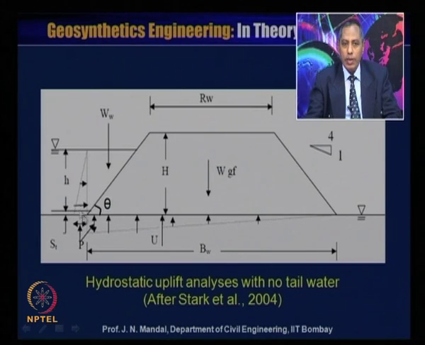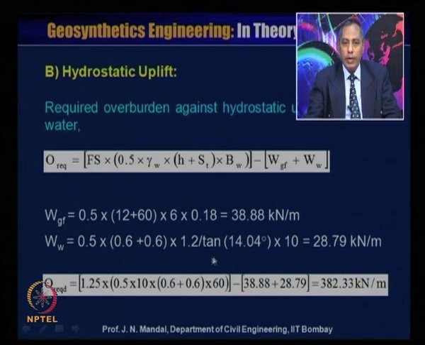So this is theta, and it will be 1.2 divided by tan of 14.04 degrees, into the unit weight of water, which is 10. If you calculate, you get Ww equal to 28.79. This is the area of that triangle times the unit weight of the water.